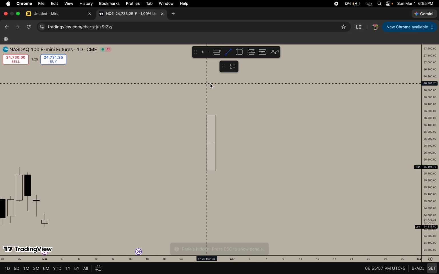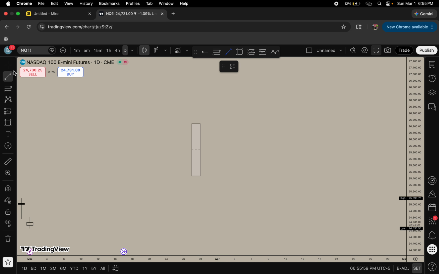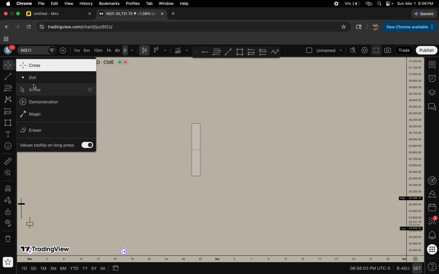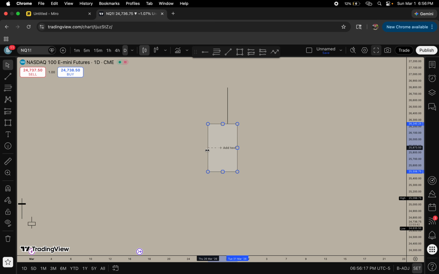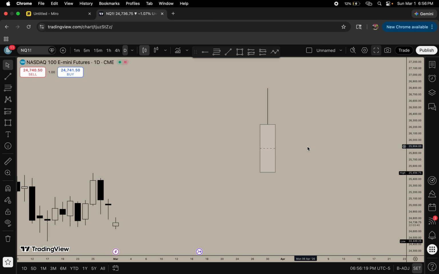It's not doing that. I have no idea why it's doing this, but okay.